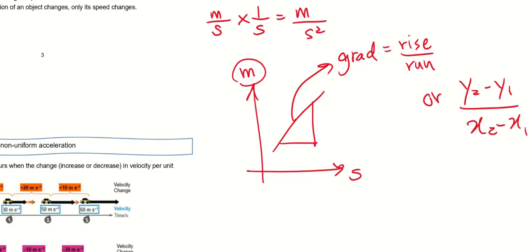Now, what is the unit for this rise? The unit is meters, right? What is the unit for this run? Seconds. Gradient is rise over run, so it's going to be meters over second. Do you all get this part? Okay, thank you very much.